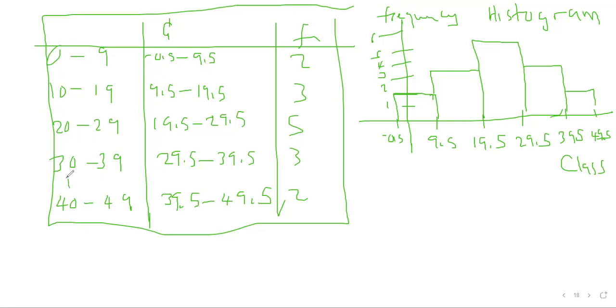From each of the lower bounds, we subtracted 0.5. It's a rule, so that this number and this number must be the same. This is what qualifies you to have a histogram. And on the upper numbers, you add 0.5. It's a rule. Thank you.